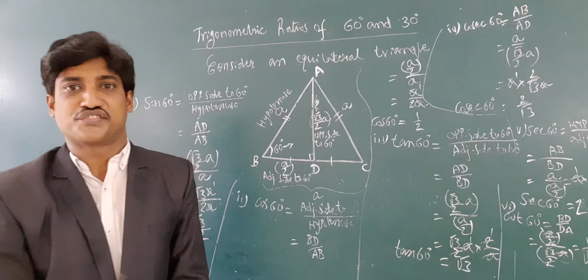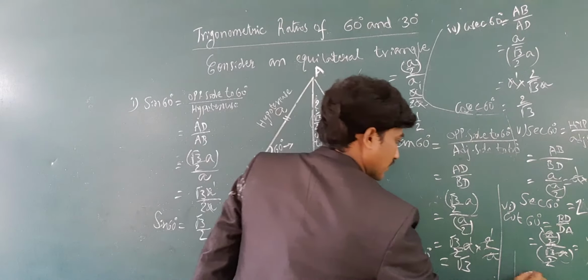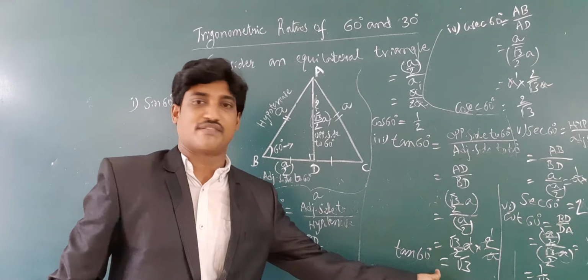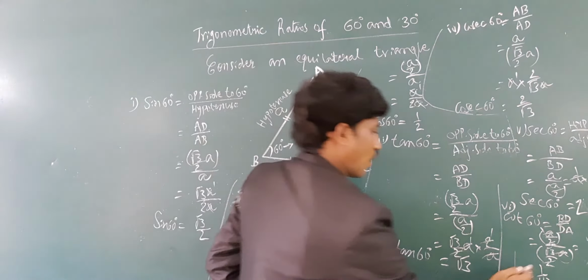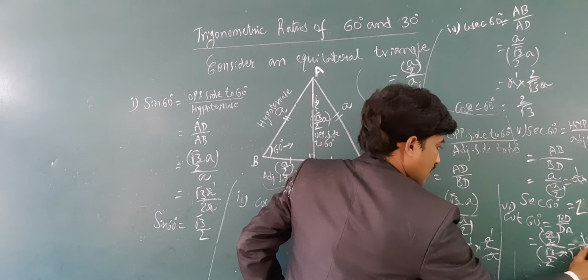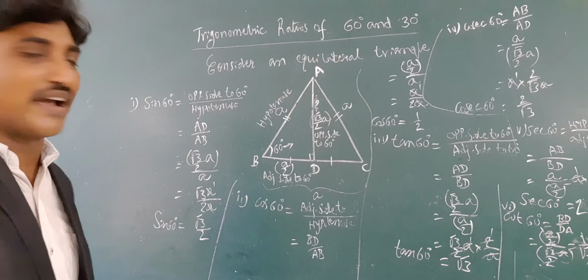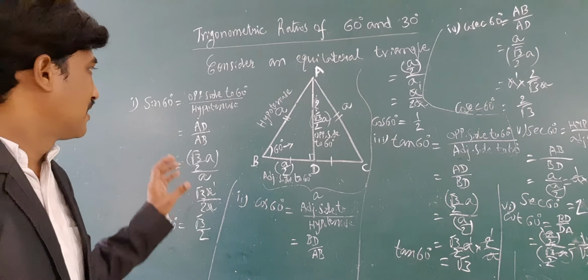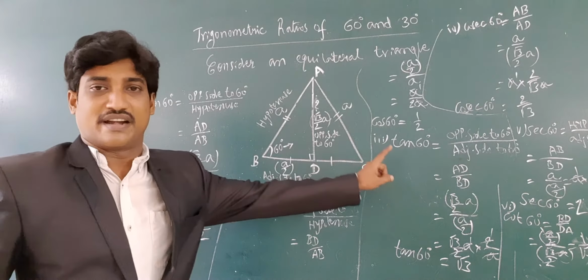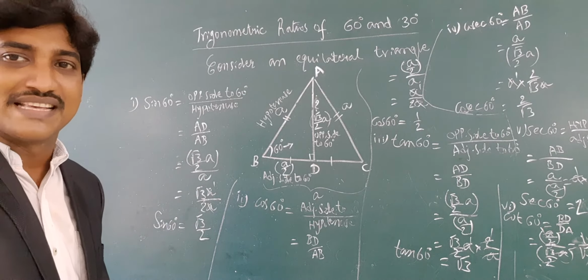Cot 60 degrees is 1 by root 3. That is the reciprocal of tan 60. Tan 60 value is root 3. So cot 60 value is 1 by root 3. We can verify the reciprocals of sin 60, cos 60 and tan 60. These are the trigonometric ratios for 60 degrees.